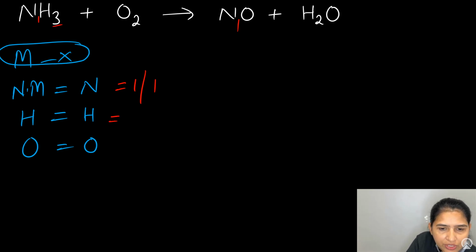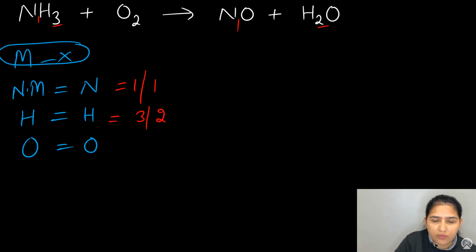We are having 3 on left, while 2 on right. So what we have to do in this case, now if we are having 3 on left and 2 on right, we can do crisscross. Okay, let's go in that way. So if I'm going to make it times 2 on left and make it times 3 on right, what can I say?